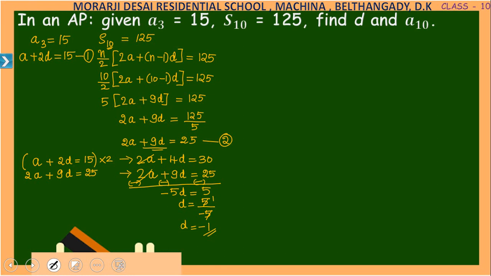What is the value of a? d is equal to minus 1 we got. After that, substitute d is equal to minus 1 in equation 1. That is a plus 2d is equal to 15.